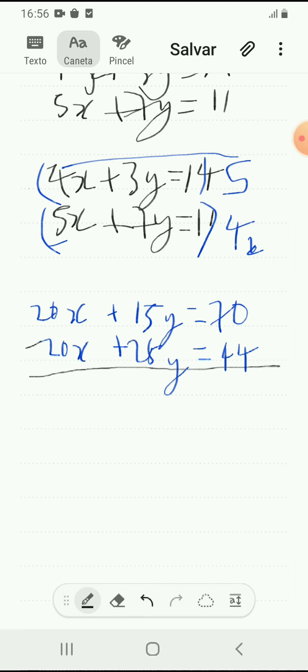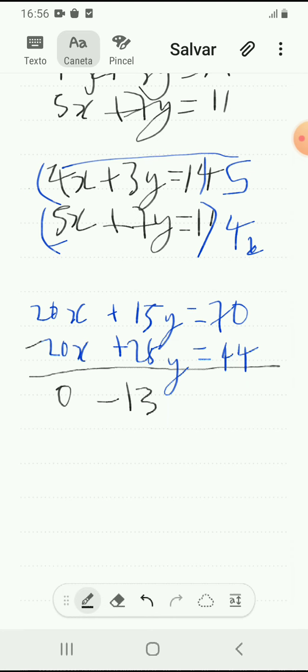So now we subtract. Since it's elimination, we want to get rid of one of the letters. So 20 minus 20 gives 0. So x has been eliminated. So we have 15y minus 28y, which gives us minus 13y.